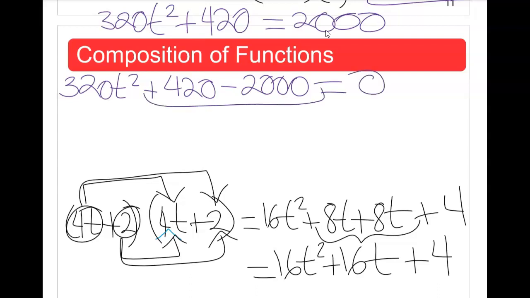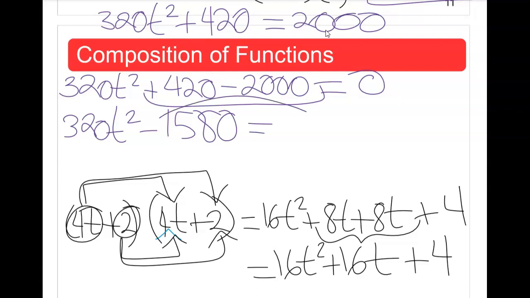So I'm going to combine like terms here. And I'm going to have 320t squared. We have 420 minus 2000, so that will be equal to negative 1580.